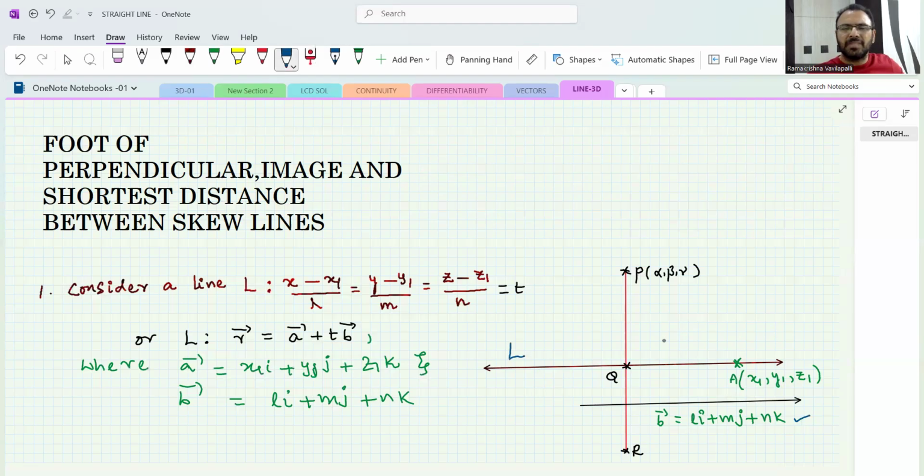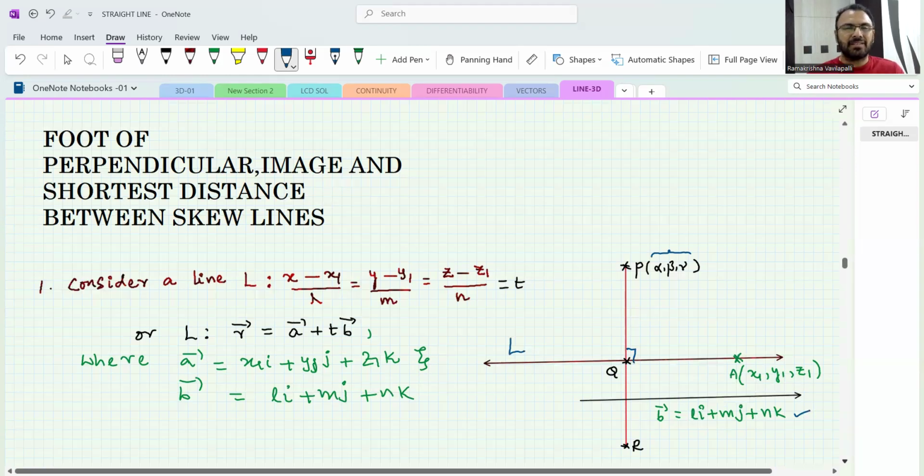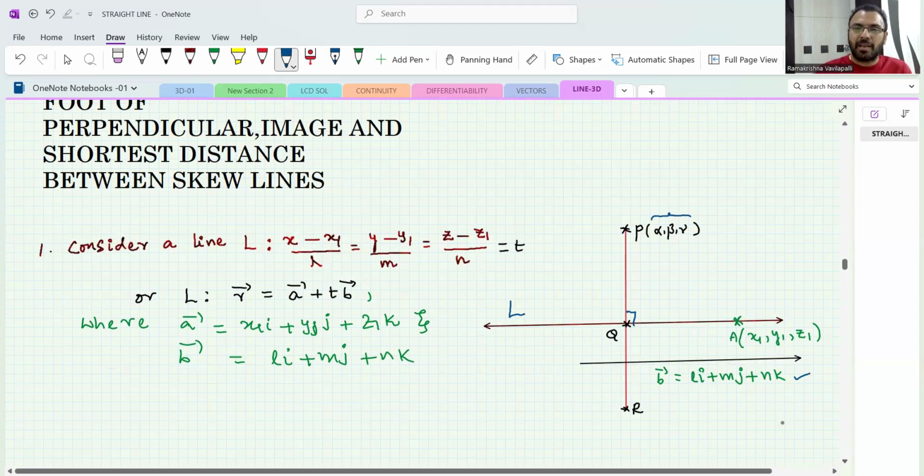Assume that P is (alpha, beta, gamma). Now we want to find the foot of perpendicular from a point on the line. So we take a general point on the line L.